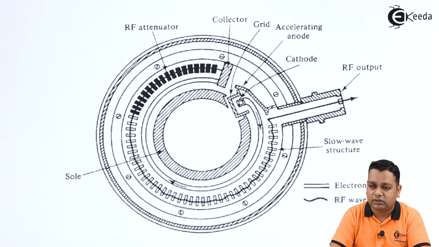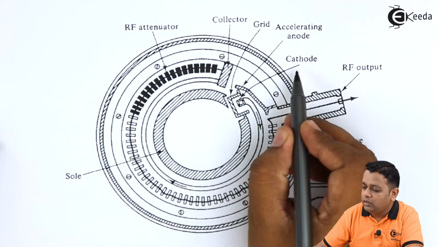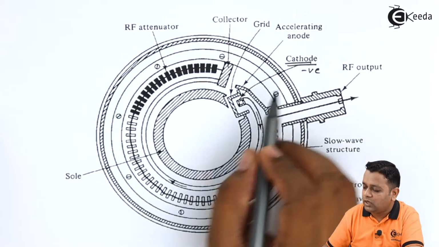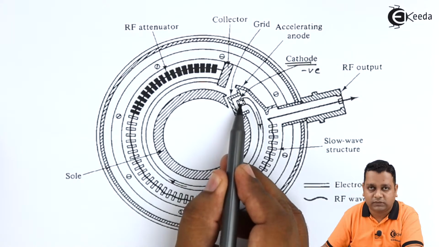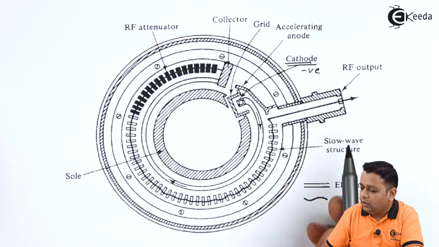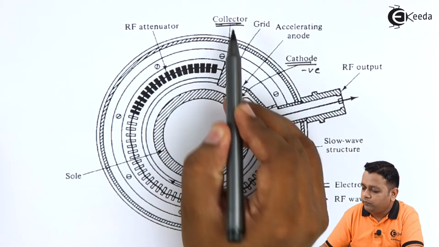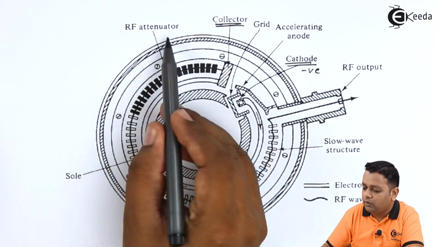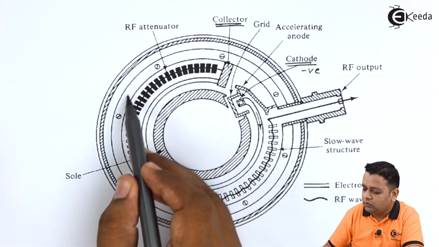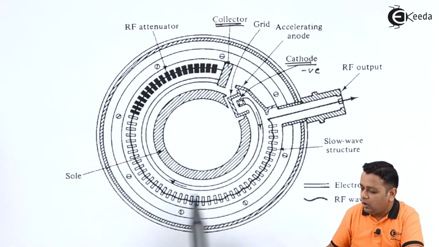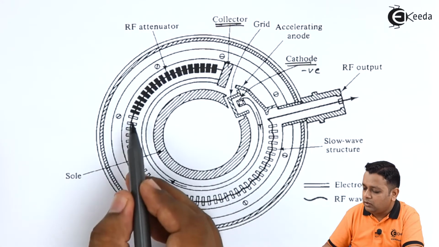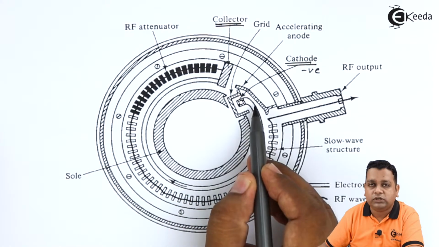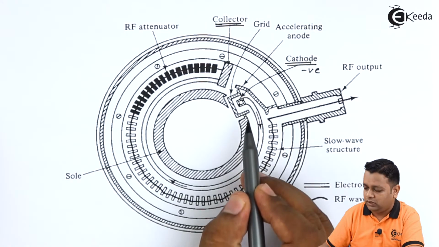So here the very important electrode, the cathode, which is negatively charged, is shown at this particular place. And now the collector is shown beside it, having a rod, and it has the RF attenuator in a circular orientation, along with the slow wave structure continued with this RF attenuator up to the initial position of the cathode here.